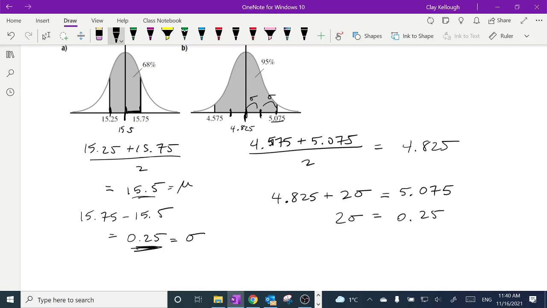And then what's the next step algebraically? Divide both sides by 2. How did I get that number? I subtracted this from both sides of the equation. And then divide both sides of the equation by 2. And I get 0.125. All right. There it is.